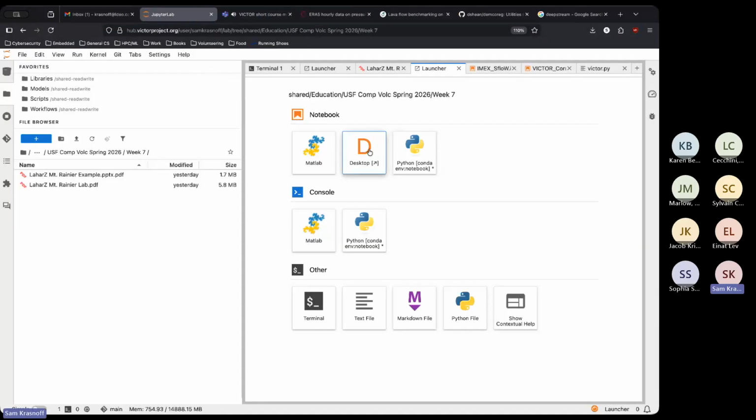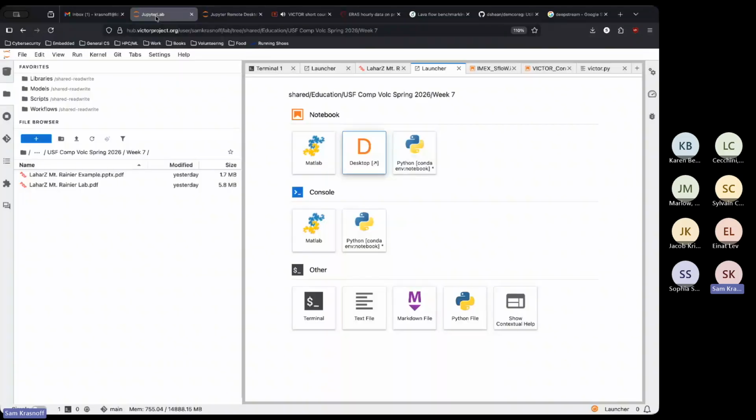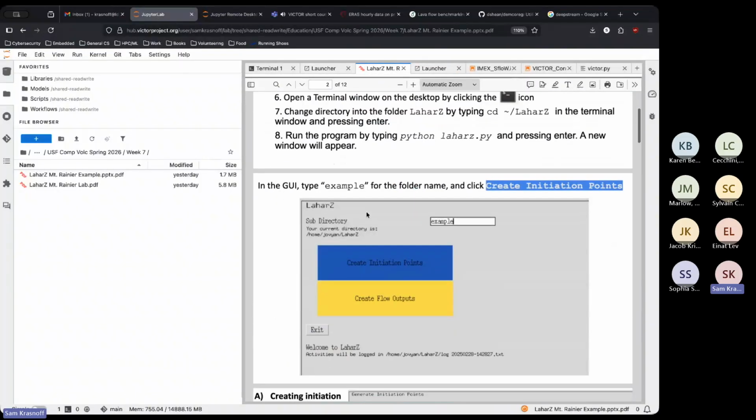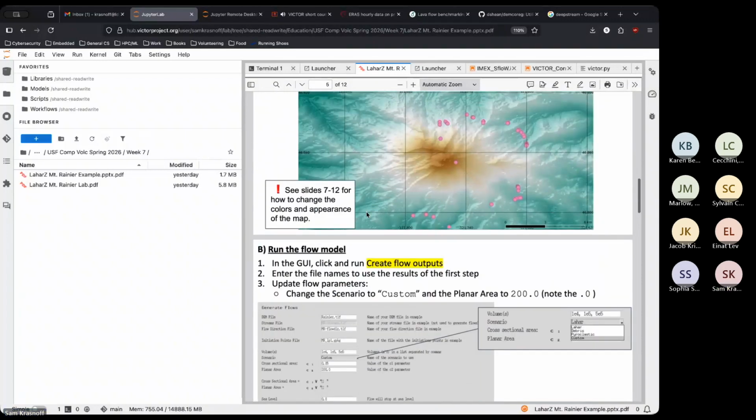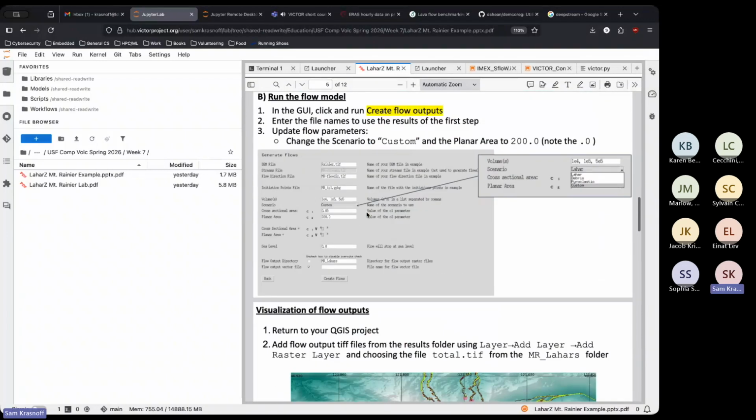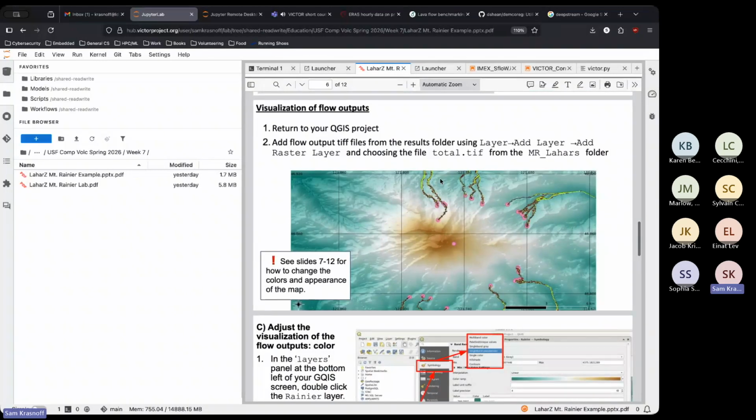But if we have a Padlet of some kind for the final output, that would be great, just so people can share. The long story short is what you'll be doing here is creating the initiation points and running the flow model. So in the end, you should see something like this.